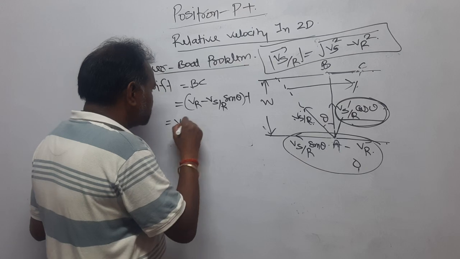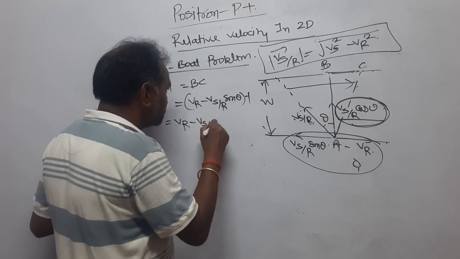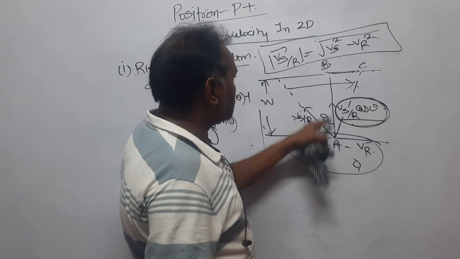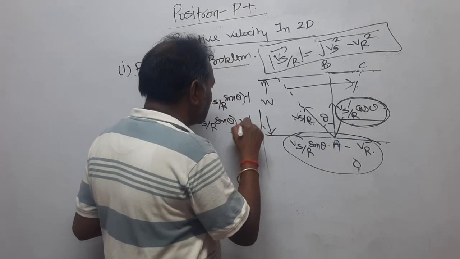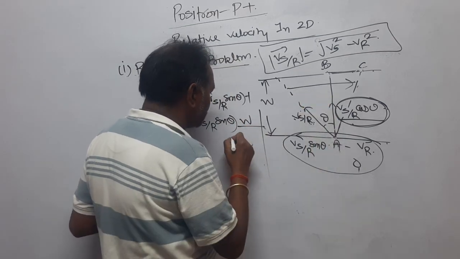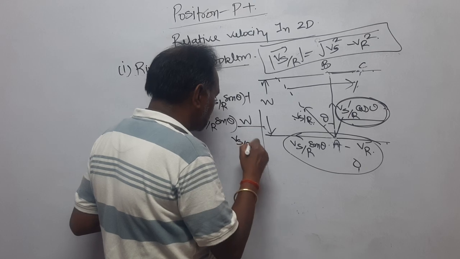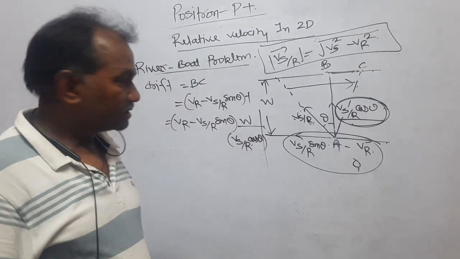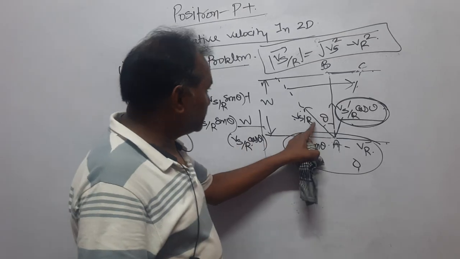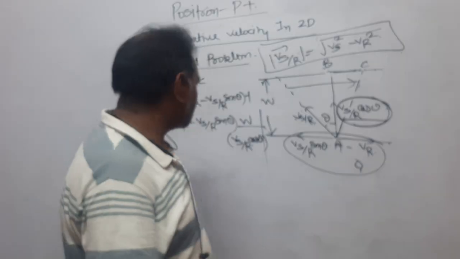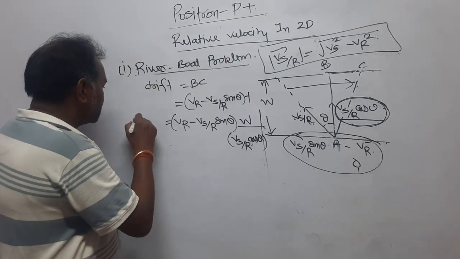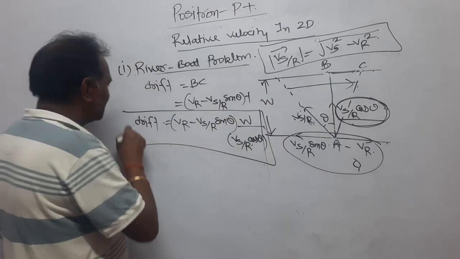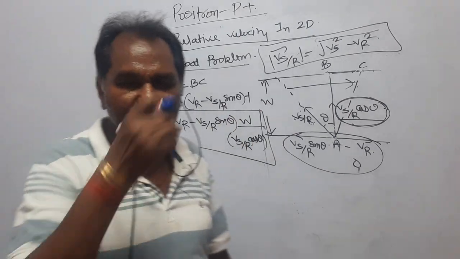And dear student, you already found the time of crossing the river, that is W upon the vertical component of velocity, VSR cos theta, right? This is the drift we observed.